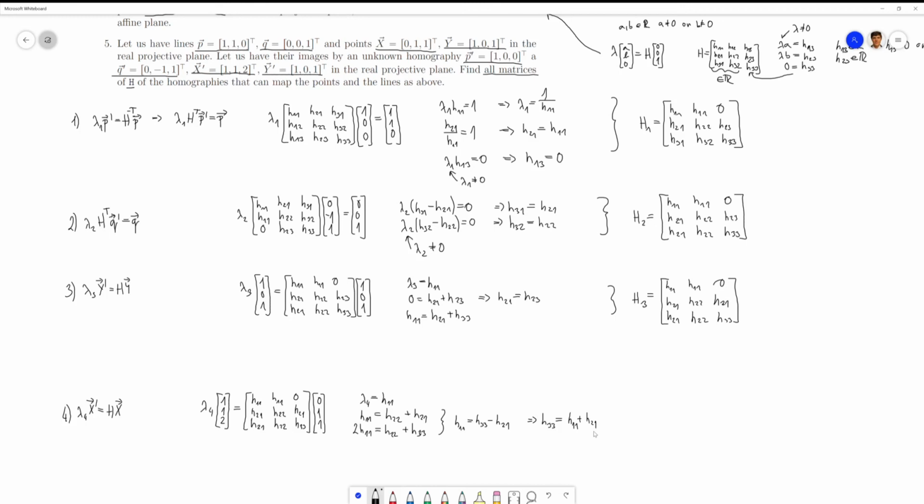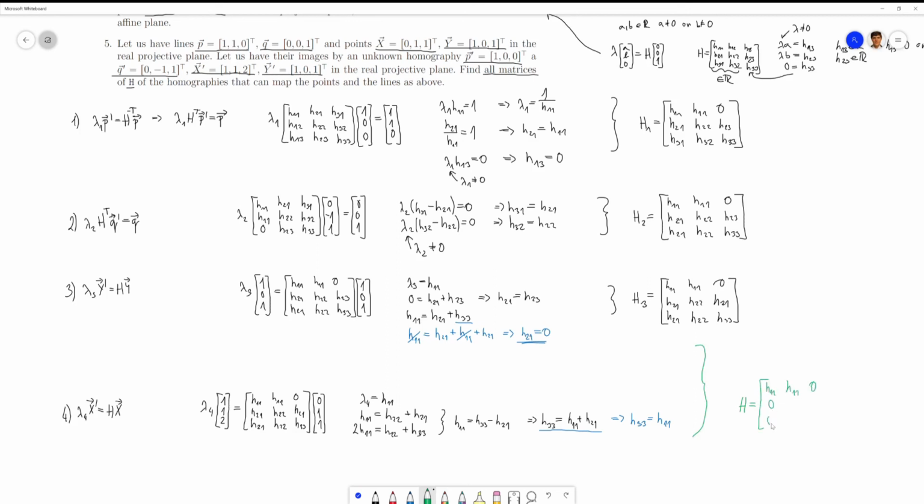So let's now assign h33 to the previous equation. Therefore h11 equals h21 plus h11 plus h21, and we can see that h21 equals 0. And if you look back, h33 equals h11 plus h21, where h21 is equal to 0, therefore h33 equals h11. And we can celebrate because now we see what the H matrix looks like.